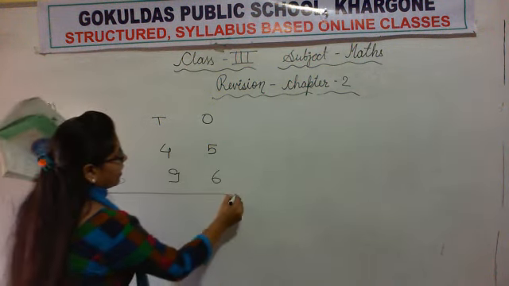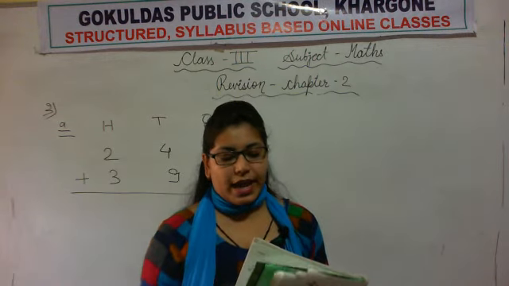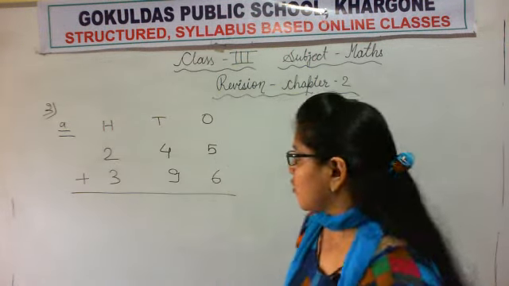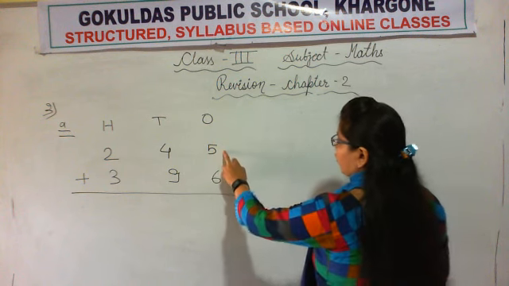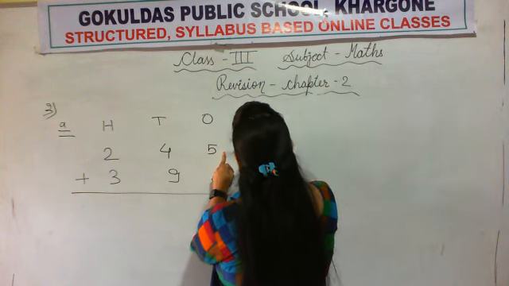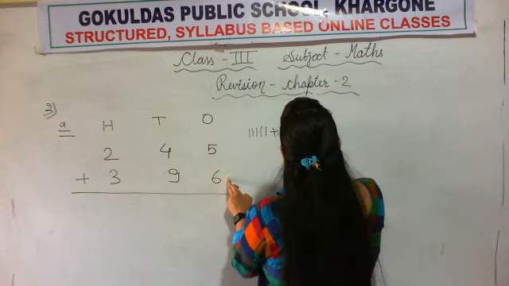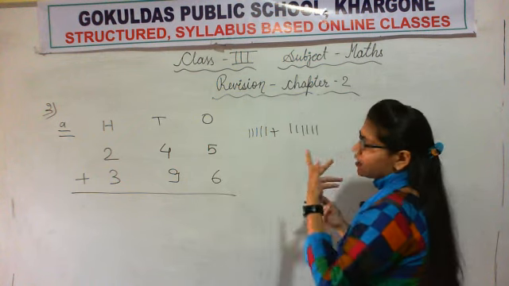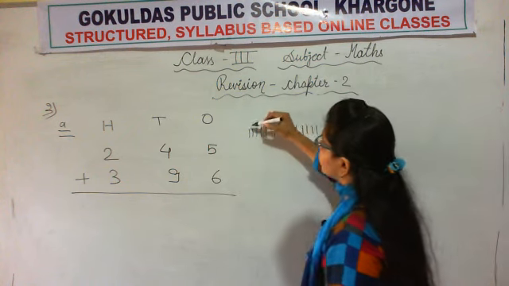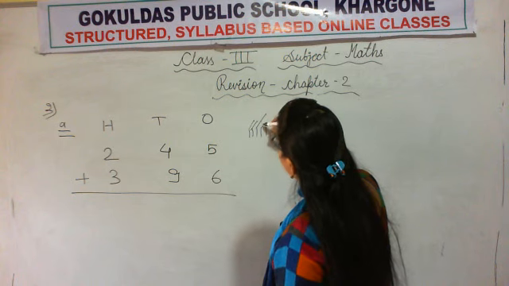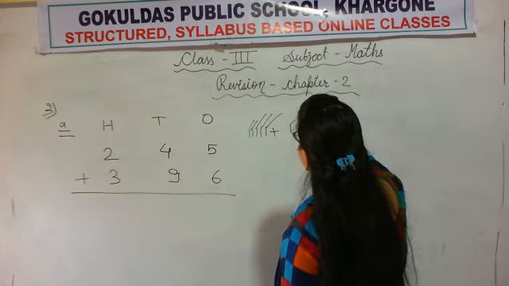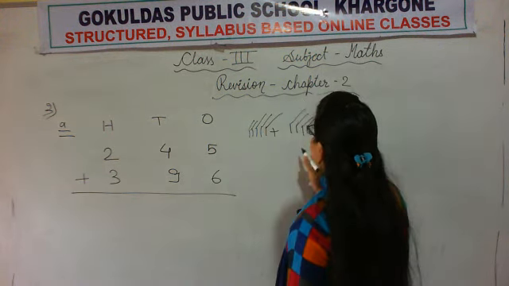Now let's add with regrouping. Regrouping is also very simple. First of all we will draw all these sticks, 5 sticks and 6 sticks. Now again we will count all these sticks. Same process. 1, 2, 3, 4, 5, 6, 7, 8, 9, 10 and 11.